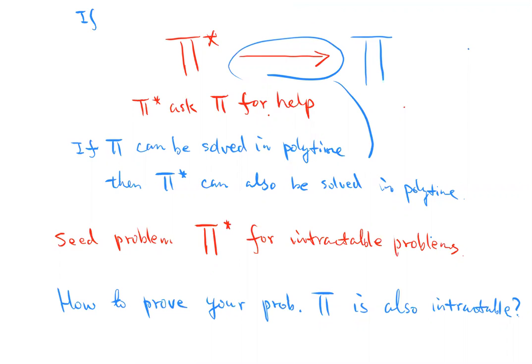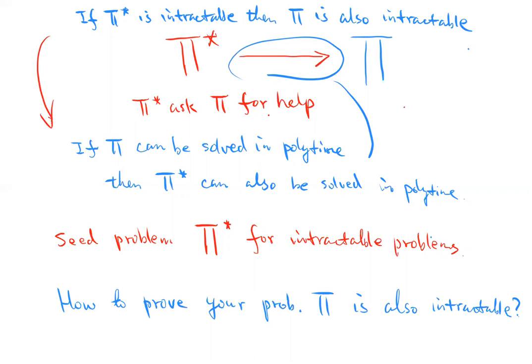If pi star is intractable, then pi is also intractable. So these two are logically equivalent. They are contrapositive to each other.